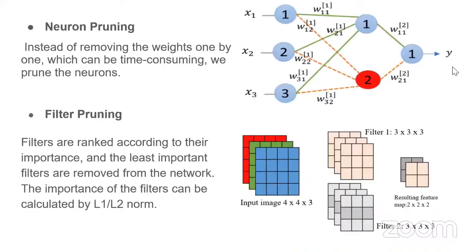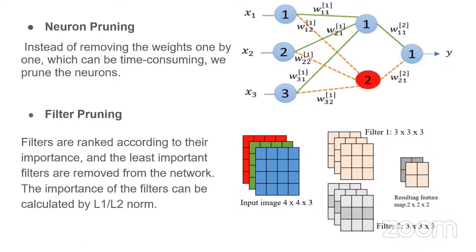Then there is neuron pruning. Instead of removing the weights one by one, which can be time consuming, we can prune the neurons. Like we can delete this, and these 2 neurons have been removed from this network.